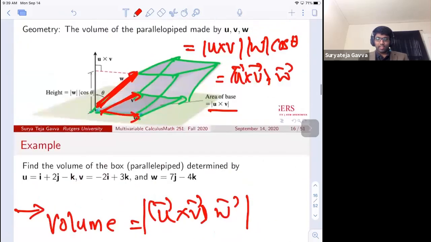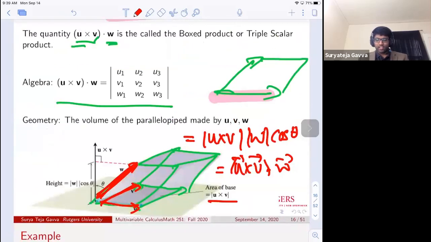So this cos theta we don't use separately, because the dot product already has the cos theta inside. If I take the dot product u cross v dot w, that will already have a cos theta. I'm not just multiplying the length of u cross v and the length of w. I'm taking the dot product of those vectors. Is that clear?